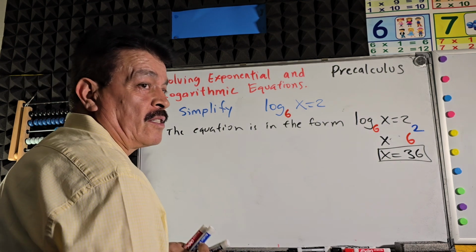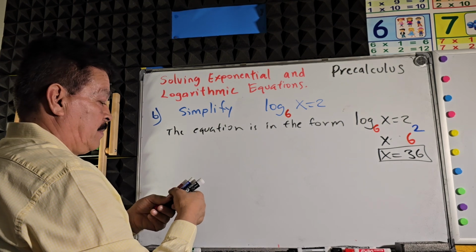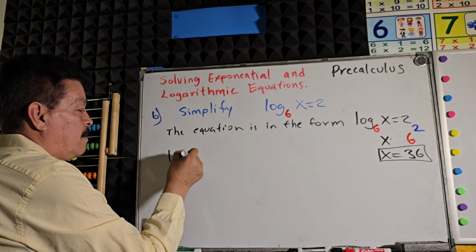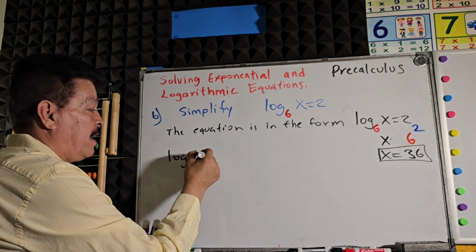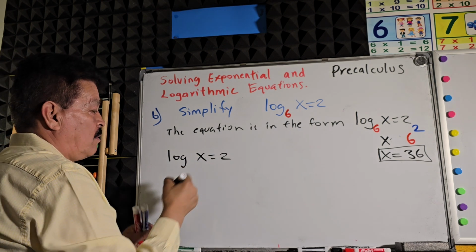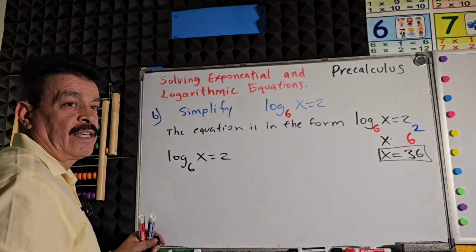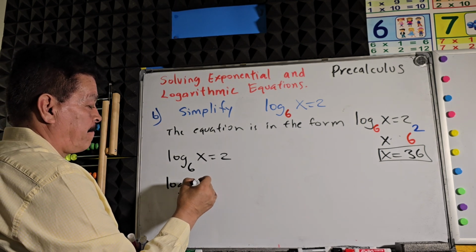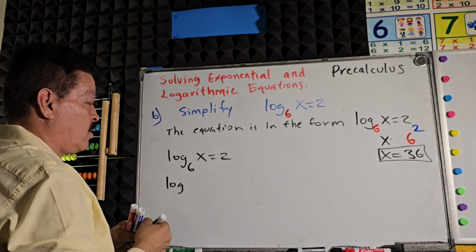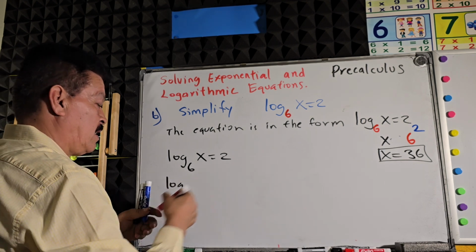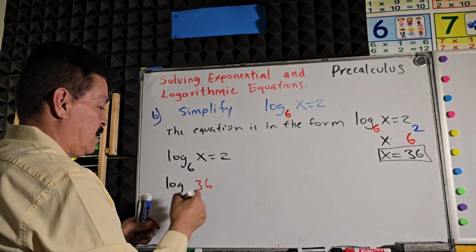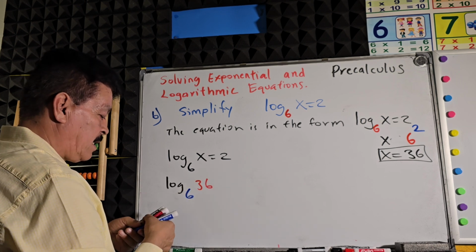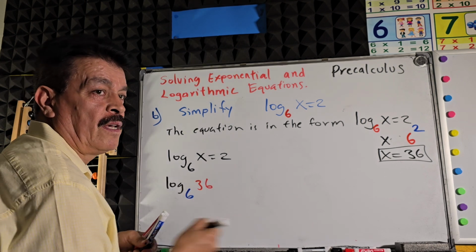Let me write again: log base 6 of x equals 2. So log base 6 of 36 equals 2.